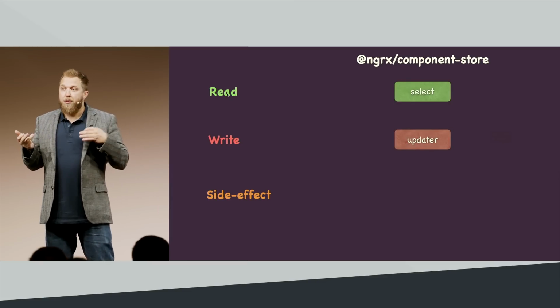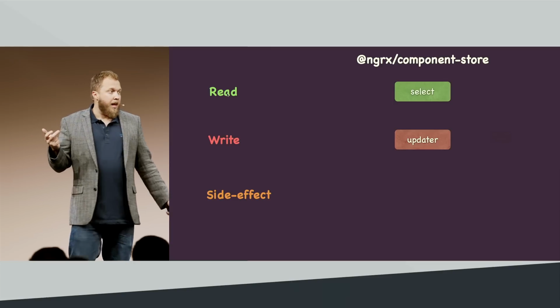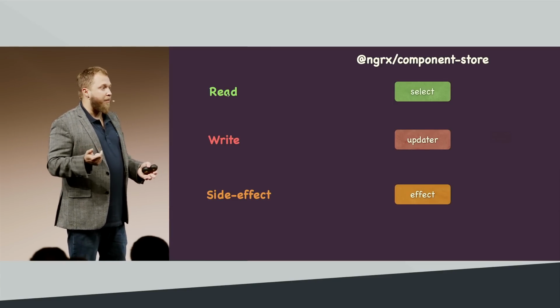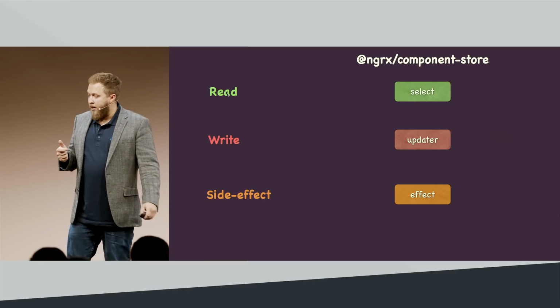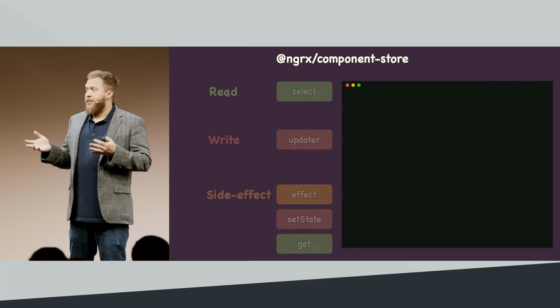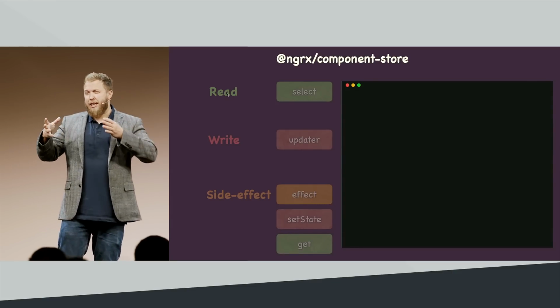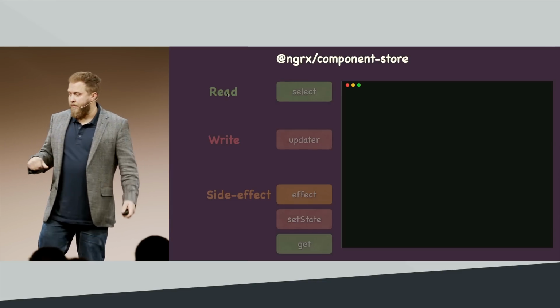It needs to be able to write the data, and we have update for that. It also needs to be able to handle side effects in your application, and that's what we have effect for. Let me show you the basic APIs, because some of you have never heard of it before, to give at least an idea how you'd structure a ComponentStore in general.